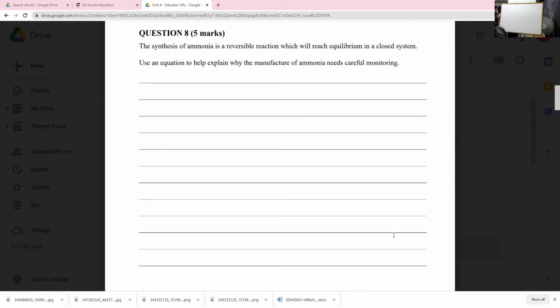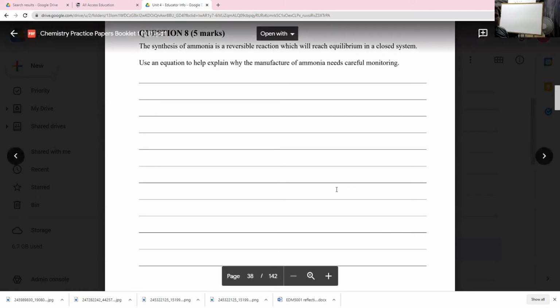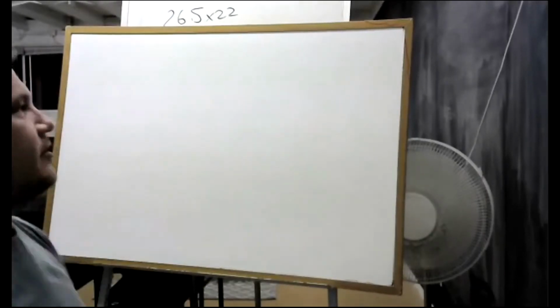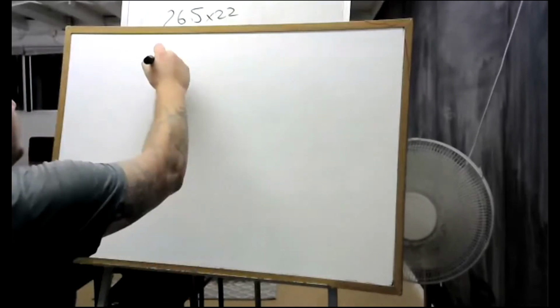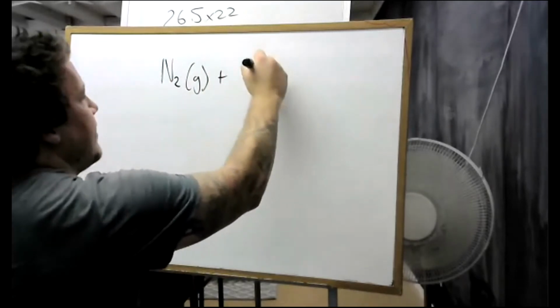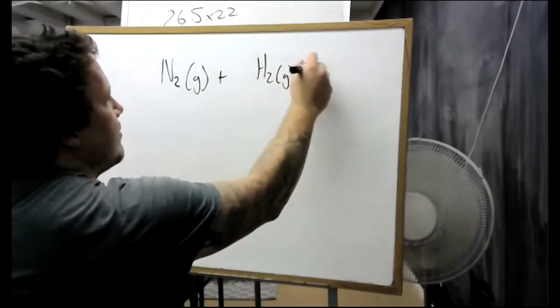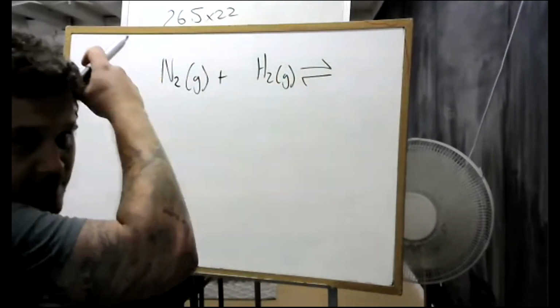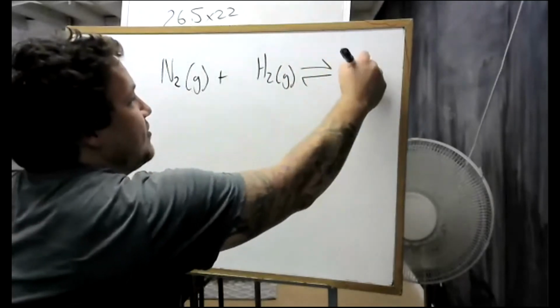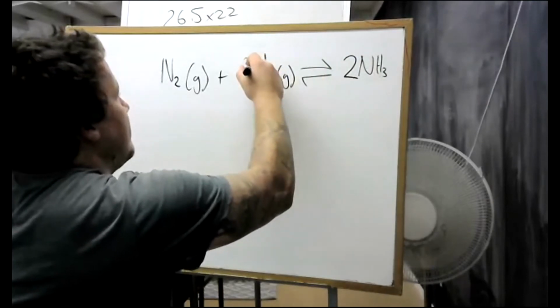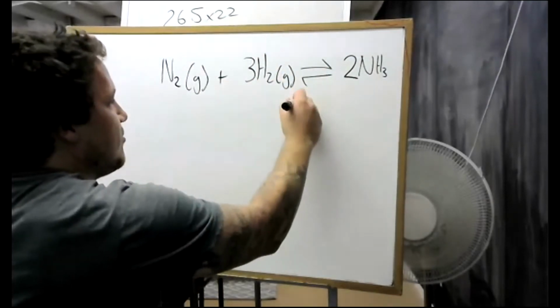So, the balanced equation for... Kai's just put it in the chat. Very good. So, the Haber process takes nitrogen as a gas, hydrogen as a gas, in an equilibrium reaction, so the reaction is at equilibrium, and produces ammonia. We can balance it like this. It is exothermic.